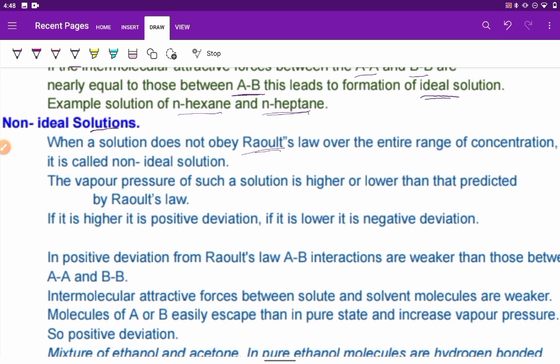In this case, when we mix the components, the vapor pressure of such a solution will be either higher or lower than that predicted by Raoult's law. If it is higher, it is called positive deviation. That is, if the vapor pressure after the solution is formed is higher, it is positive deviation. If it is lower, it is known as negative deviation.